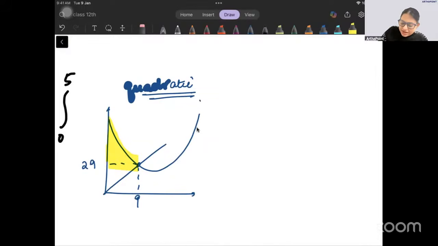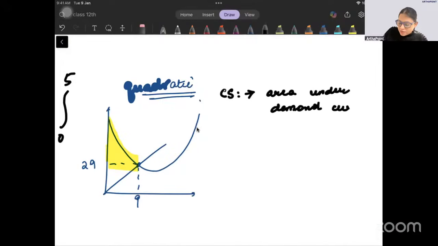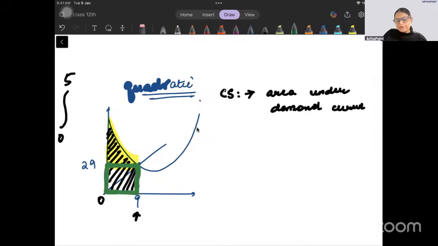To find it, we can first find the complete area under the demand curve, by integrating from 0 to the quantity, and then subtract this area, which will always be a rectangle. This area will be nothing but price into quantity. So we will subtract the area of price into quantity.